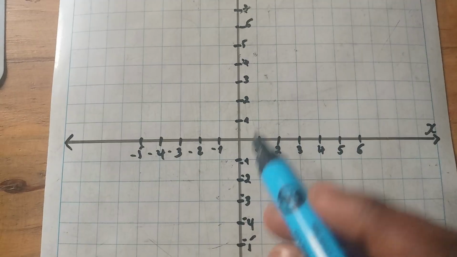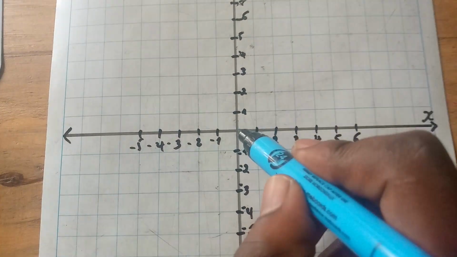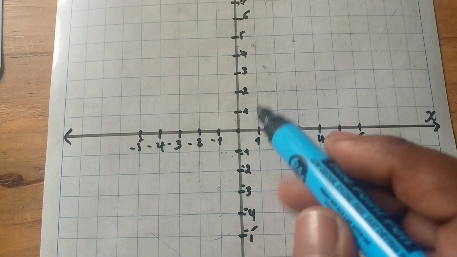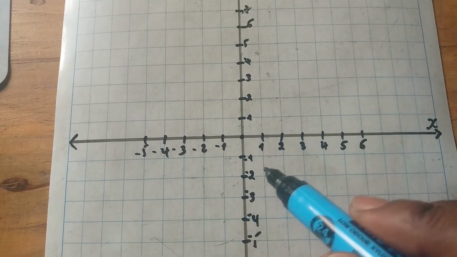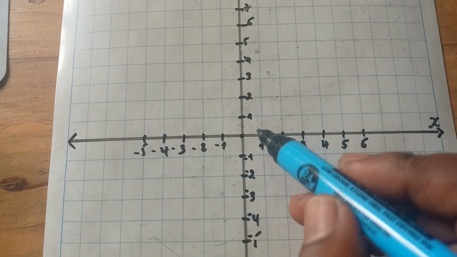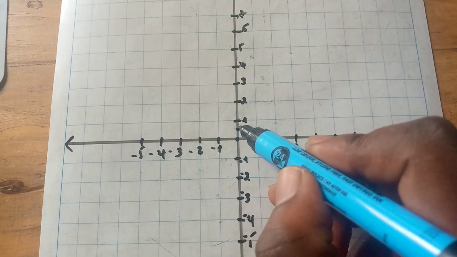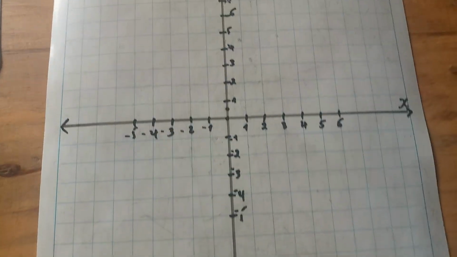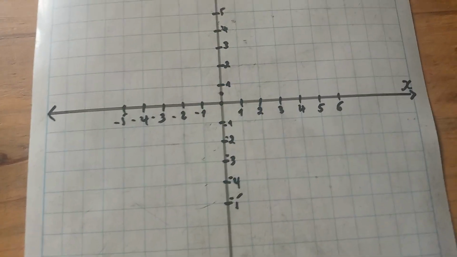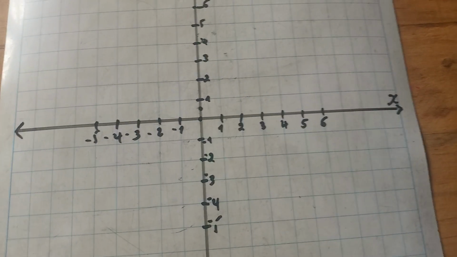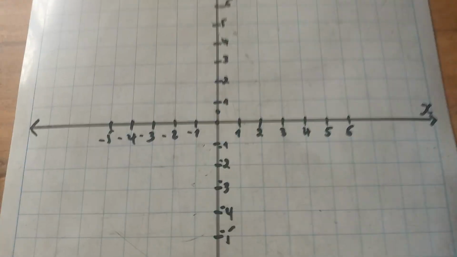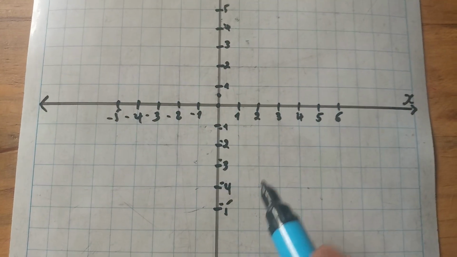Here we have 0 on x, and we have 0.5. It is between 0 and 1. 0.5.